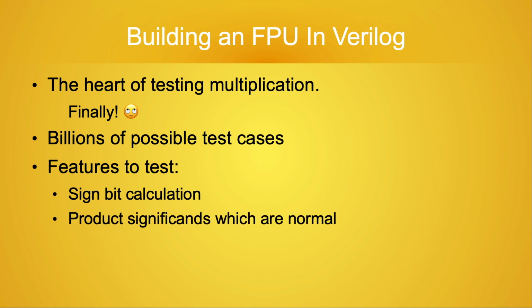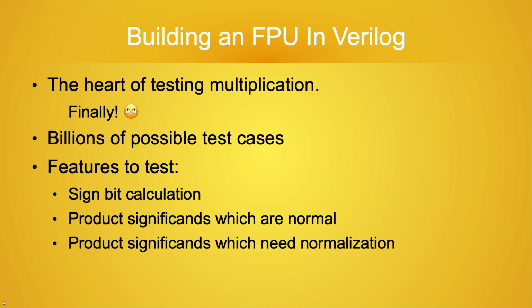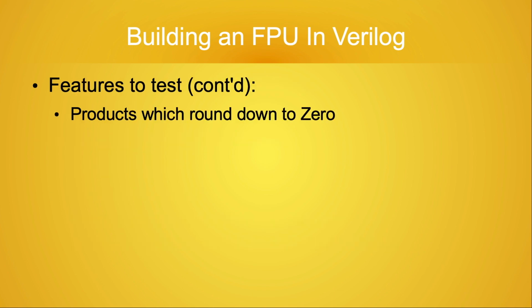Test multiplication of cases which don't require the significand product to be normalized and the exponent adjusted. Test multiplication of cases which require the significand product to be normalized and the exponent adjusted. Multiply two numbers for which the product is so small that the product rounds down to 0.